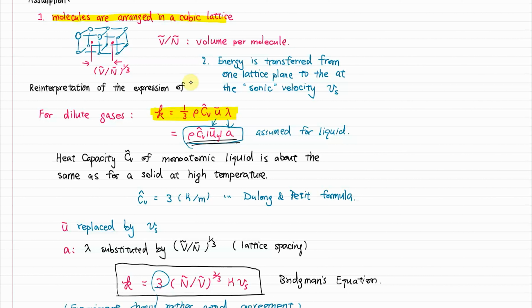So the characteristic distance for a collision is changed to the 1/3 power of the volume per molecule, and the characteristic velocity is changed to the sonic velocity.